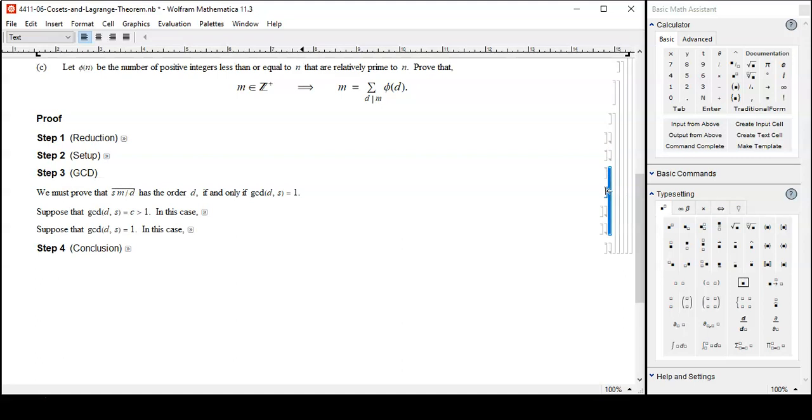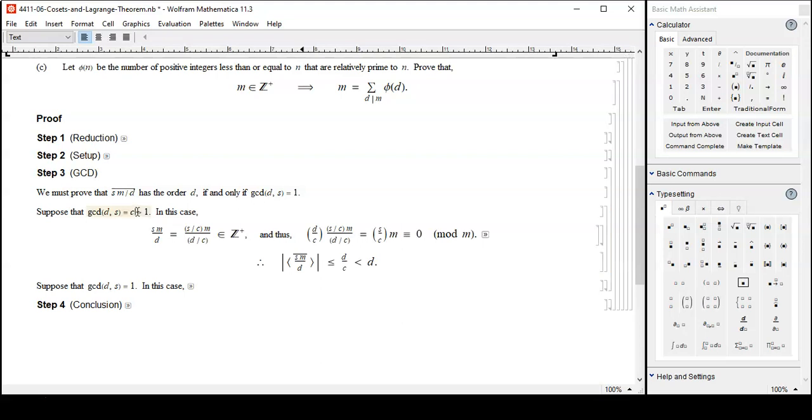So we must prove that this Sm over d bar has order d if and only if d and s are relatively prime, GCD of d and s is 1. Okay. If GCD is greater than 1, in that case what?